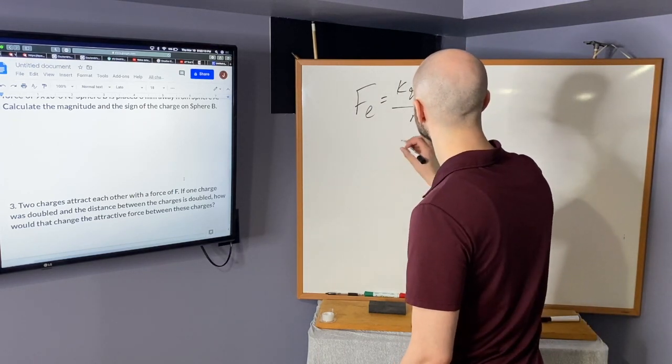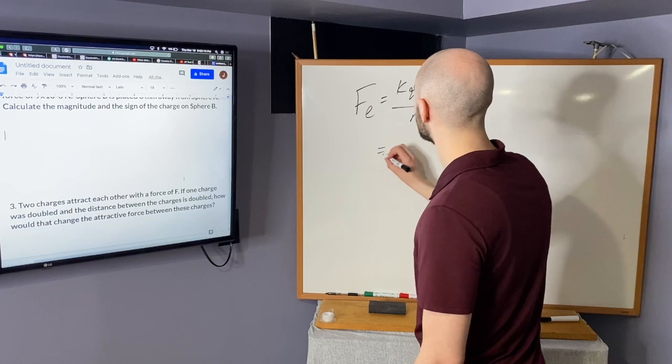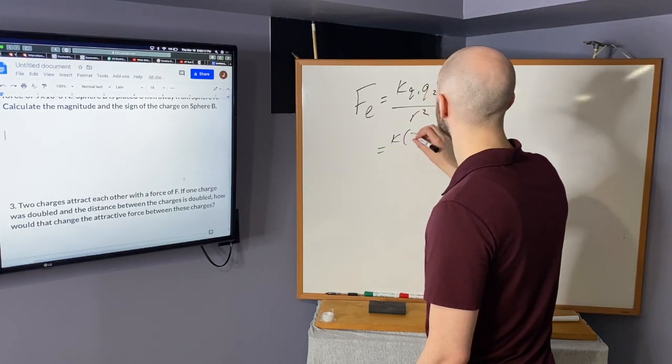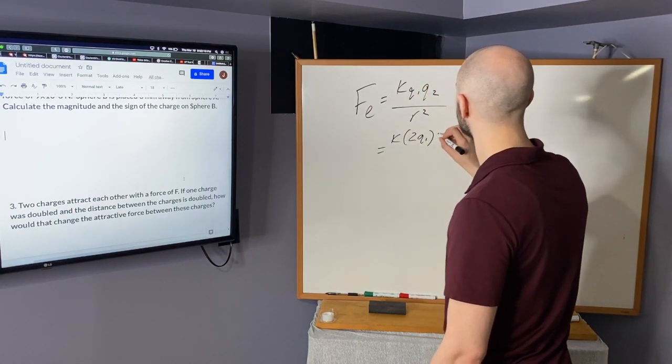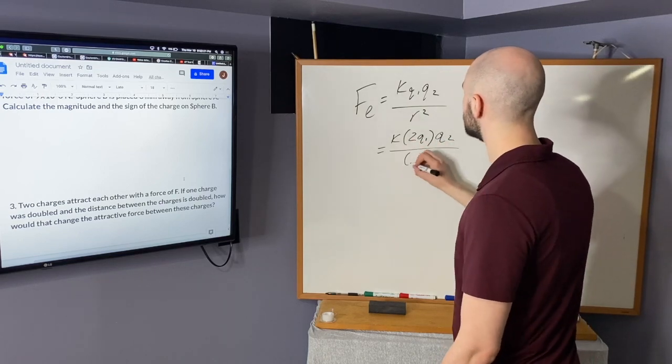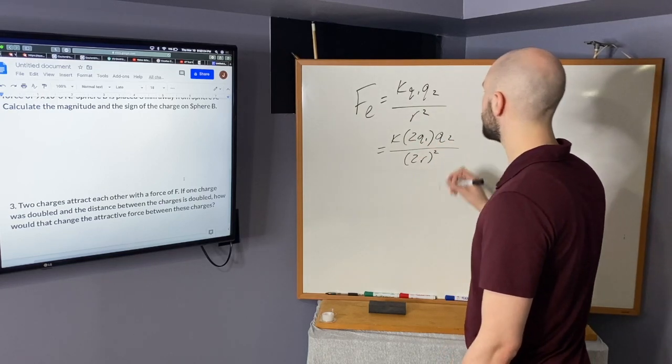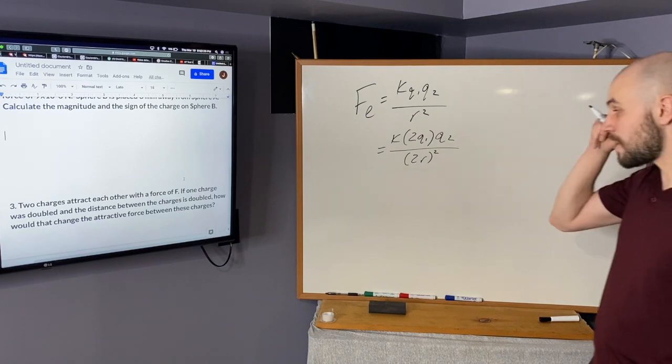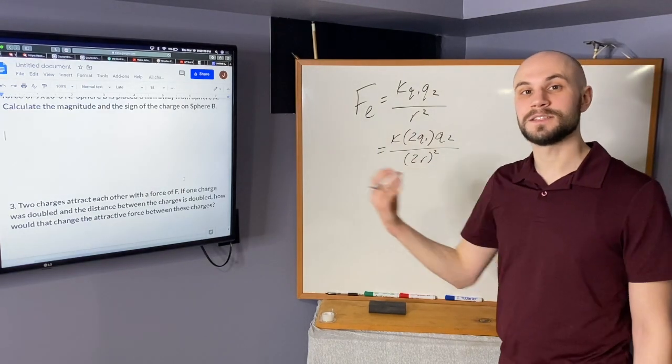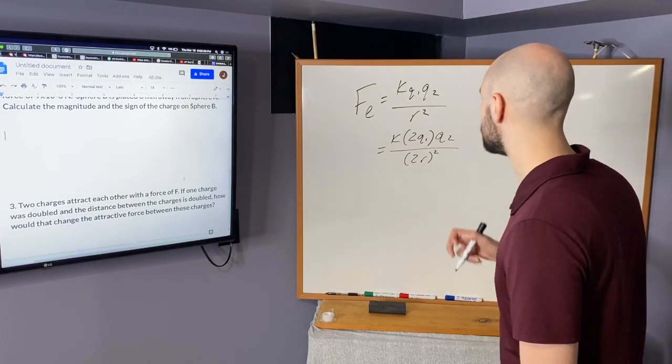So, if we double one of the charges, and we double the distance between them. It doesn't matter what Q1 is, doesn't matter what R is, we just want to see how it's going to exactly scale the force between these two charges.